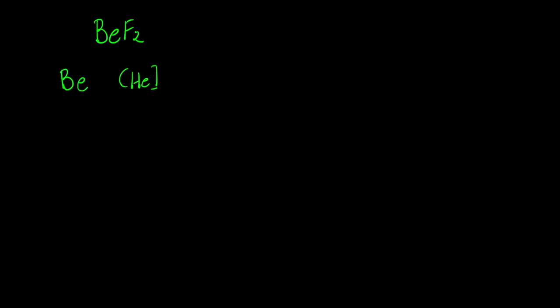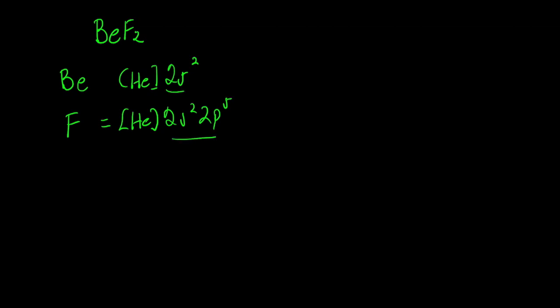So it's got the helium core, and then it's got 2s2. And then fluorine, remember, also has the helium core, but then you've got all these valence electrons, 7 of them, 2p5.